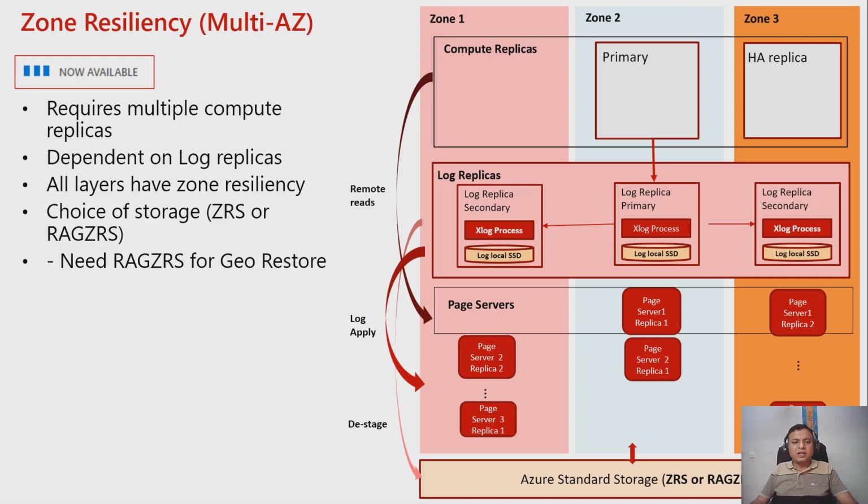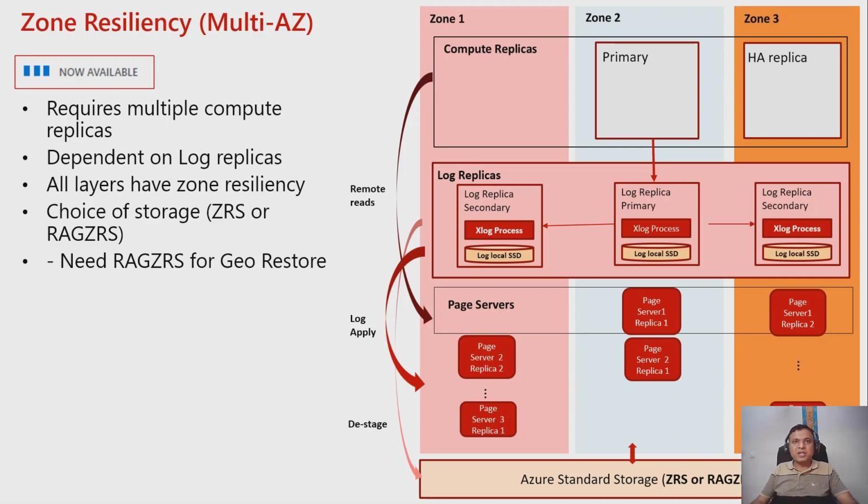By default, log replicas have multiple copies. By default, page server also has multiple copies, which means if you want to enable multi-AZ for a hyperscale database, all you need is extra HA replicas, which will provide us resiliency, and we will deploy the HA replica into a different zone altogether.